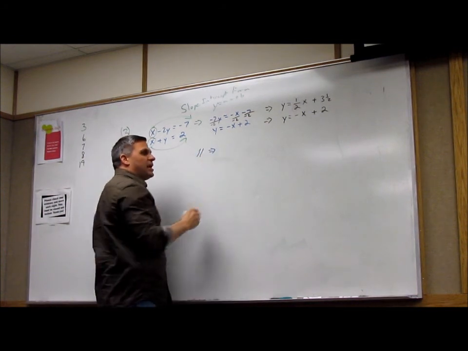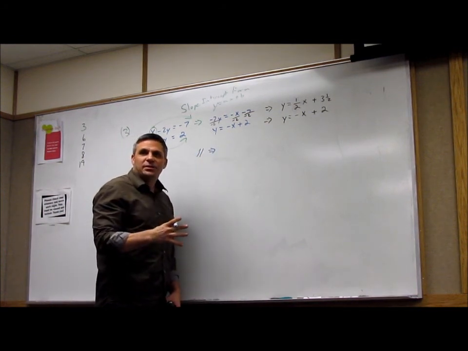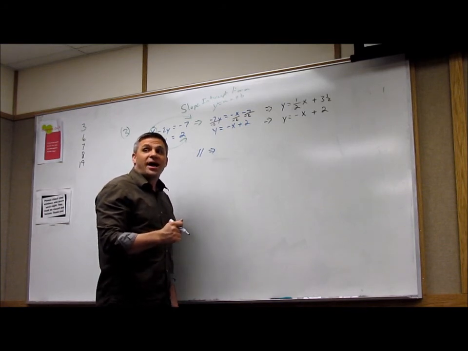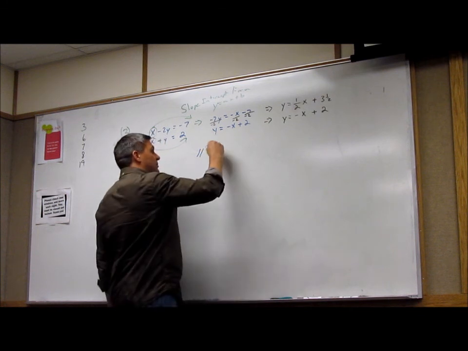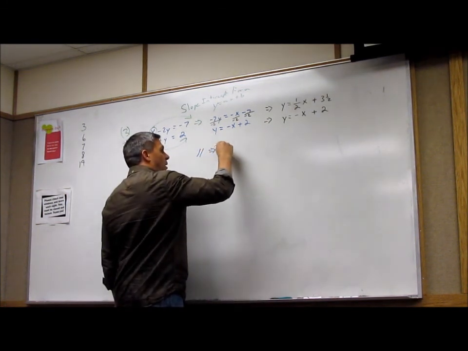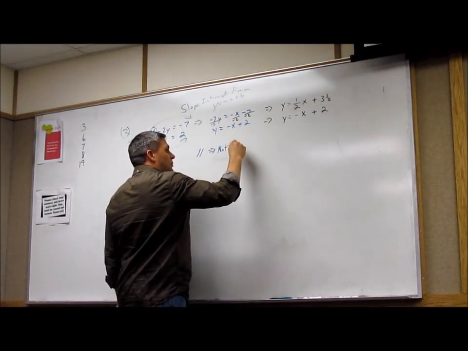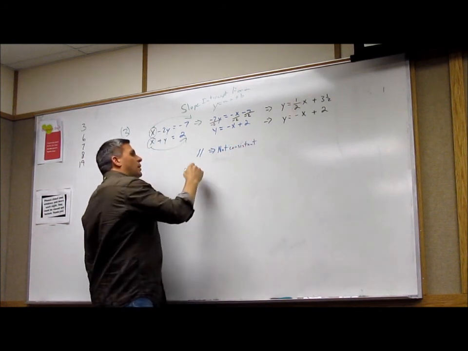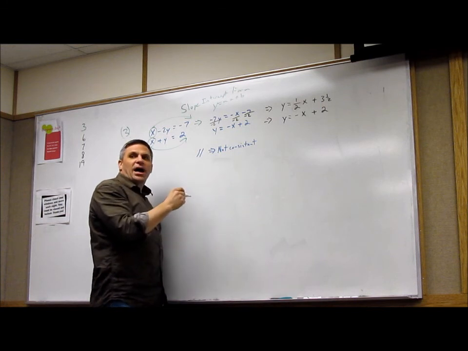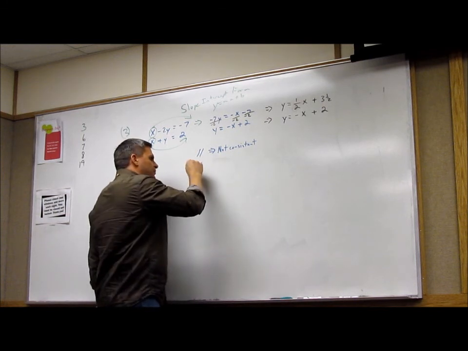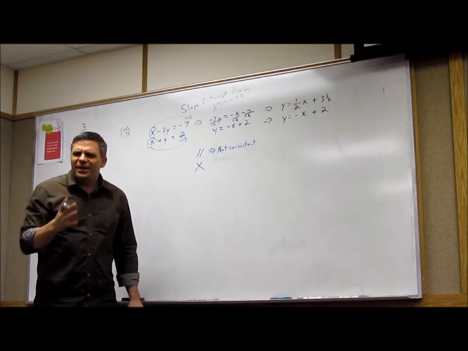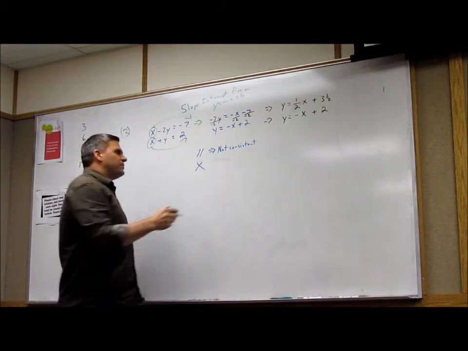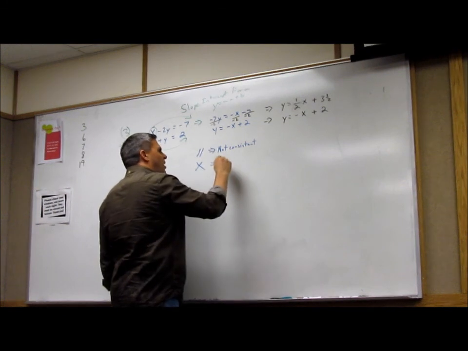Parallel implies that they are not touching, so they are not consistent. If they cross any way, shape, or form, perpendicular, that implies that they are consistent.